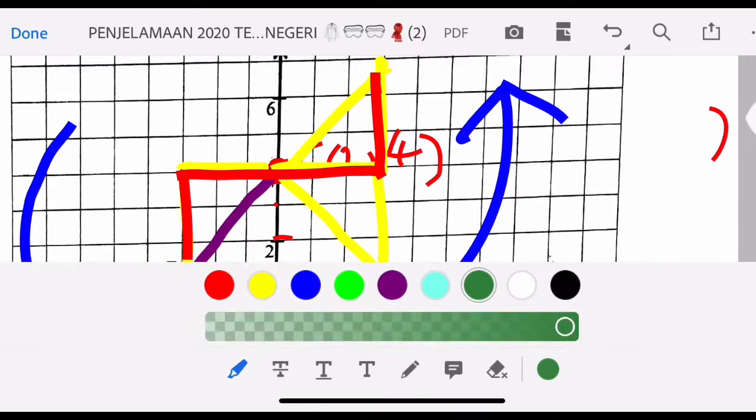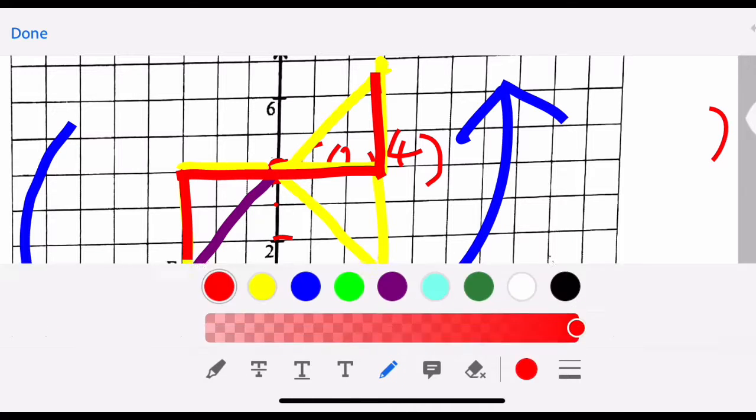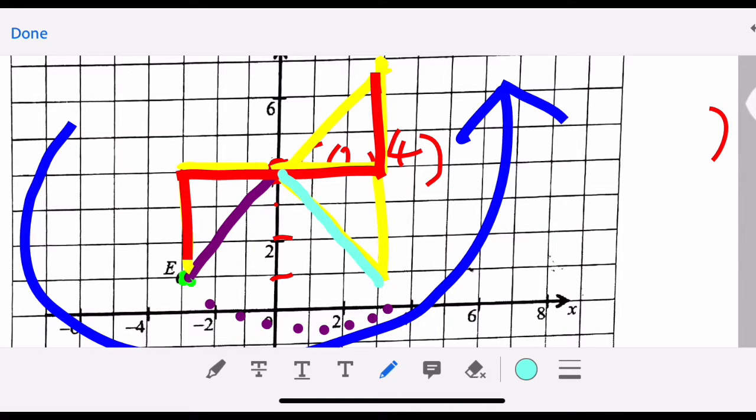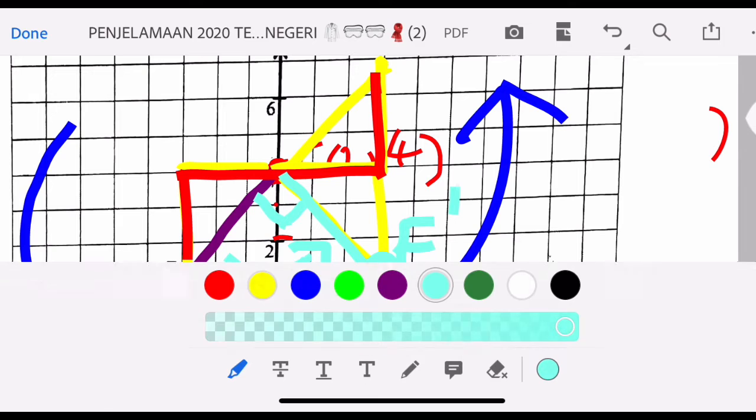I want to highlight to you, this is a line, and I use a different color. This is a line that will actually give you a 90 degree angle, and then point E is here, E prime. See this angle. If you want to figure out the angle which is 90 degrees, we always draw the shape.